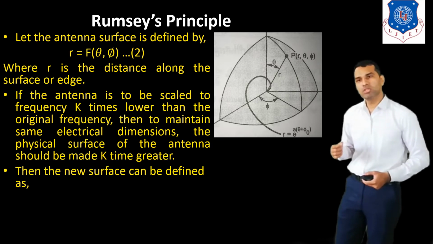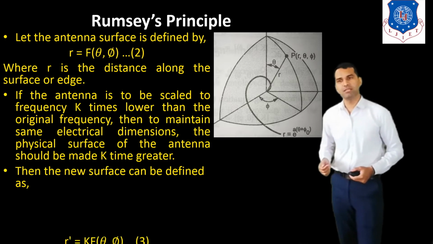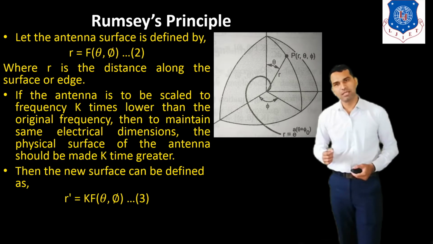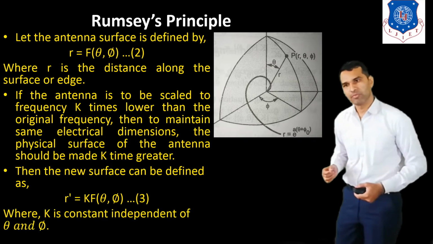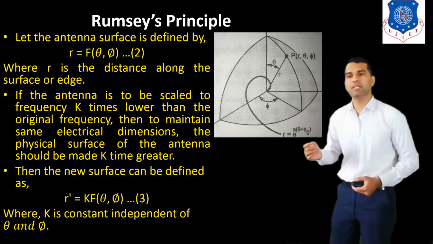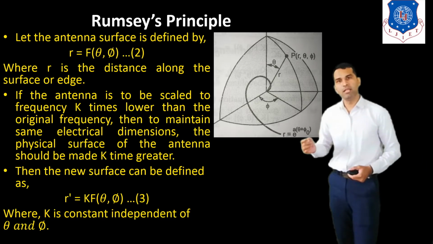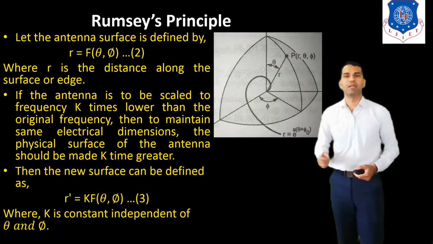Then the new surface can be defined as r' = k f(θ, φ), and here k is a constant independent of θ and φ.